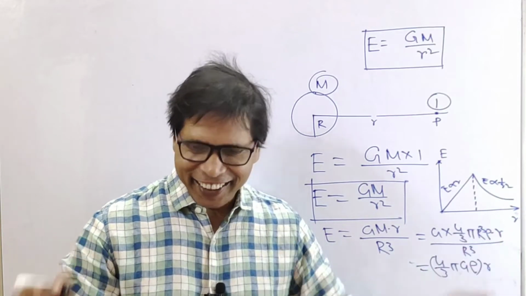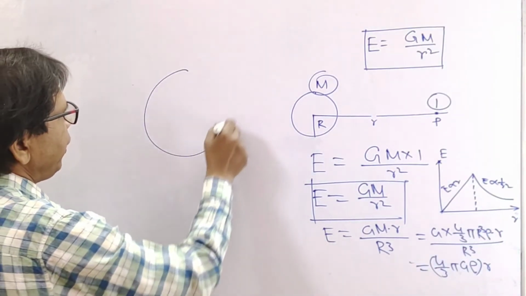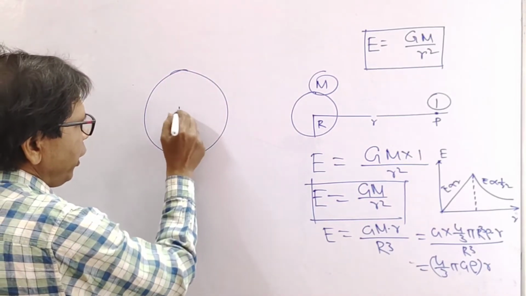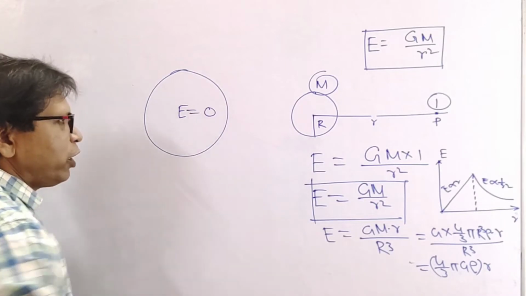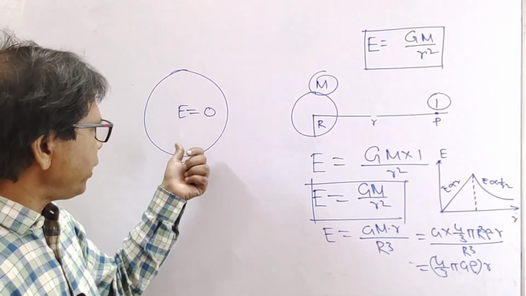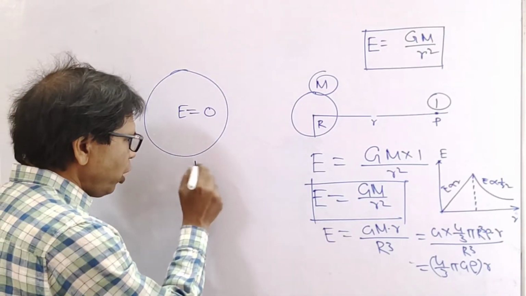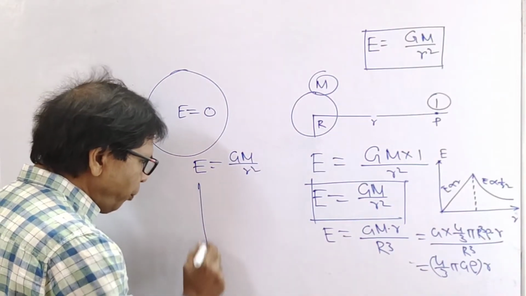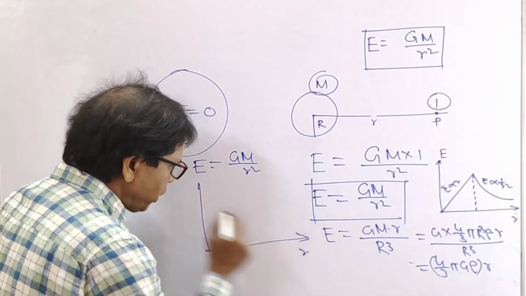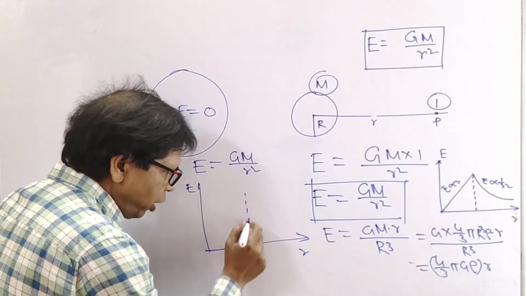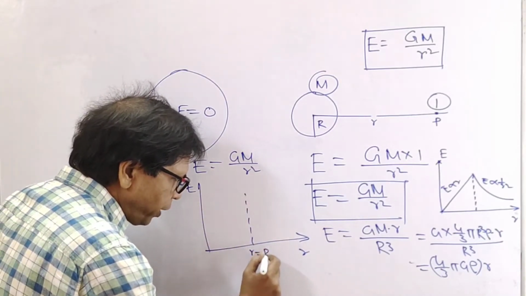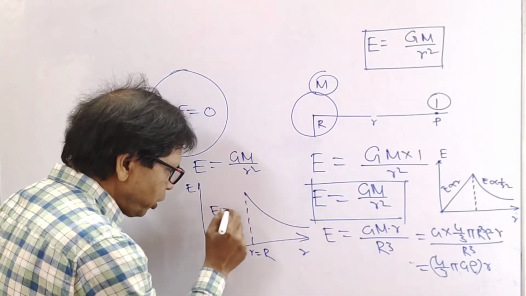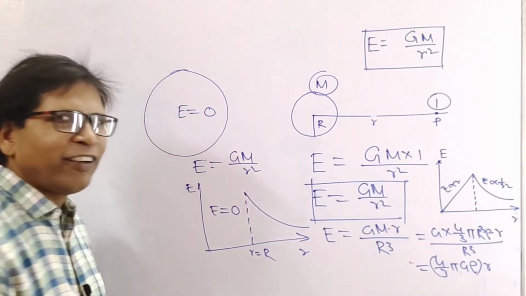Understood? Next, in case of a spherical shell, there is no mass inside it, so E inside the spherical shell is 0, and outside the spherical shell E equals GM by r square. So the graph between E and r becomes like this: small r equals capital R, and the graph starts from here because in this position E equals 0.